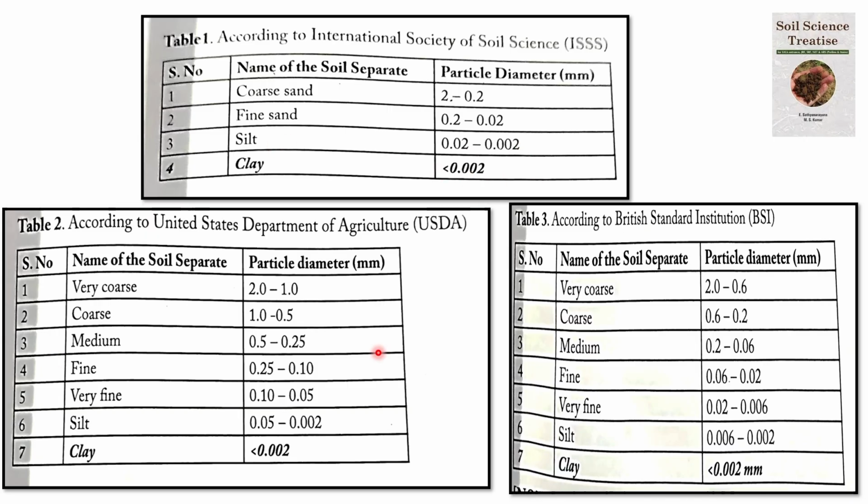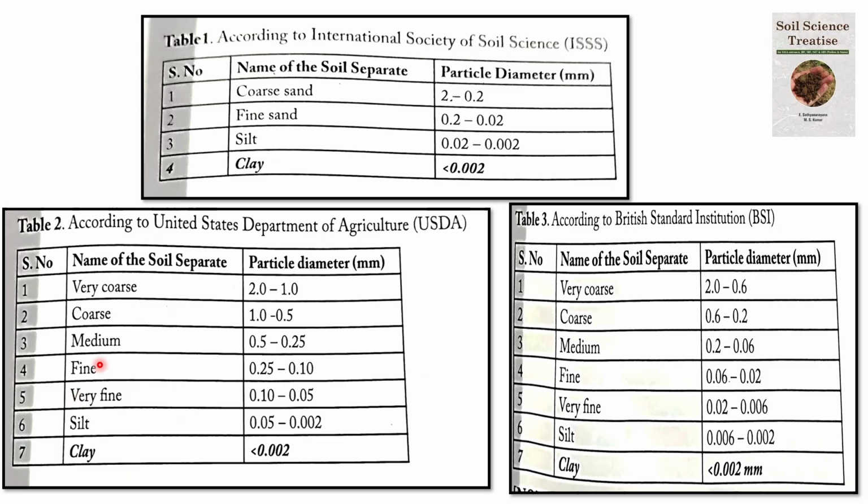While in the USDA classification, clay is less than 0.002 millimeter, while silt is 0.05 to 0.002 millimeter. And these are sand particles.